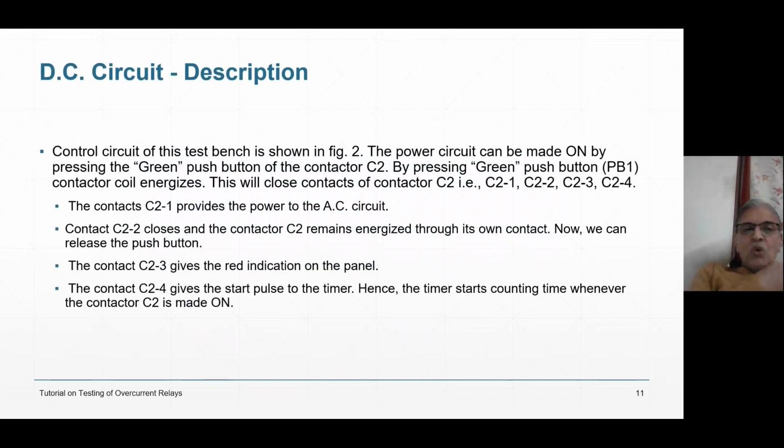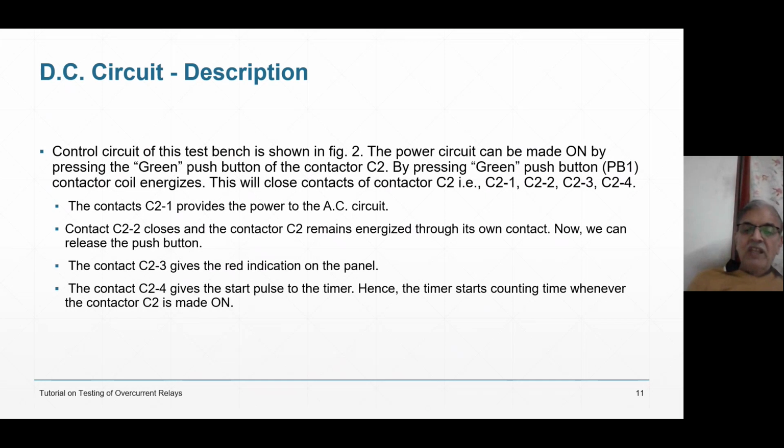So the control circuit, what I have told, I have explained here once again. When you push the green push button, C2 will be energized. C21 is providing power to the AC circuit, that is, the circuit is completed. C22, hold on. C23, red indication. C24, start pulse to the timer, right?